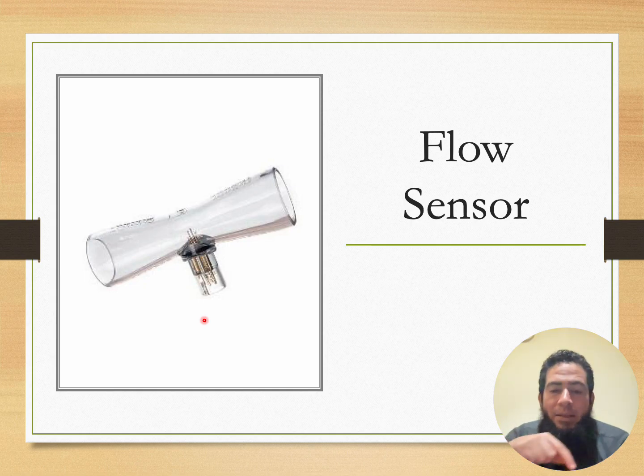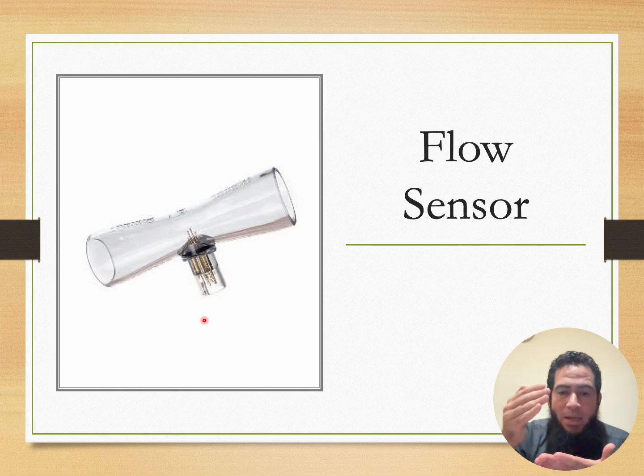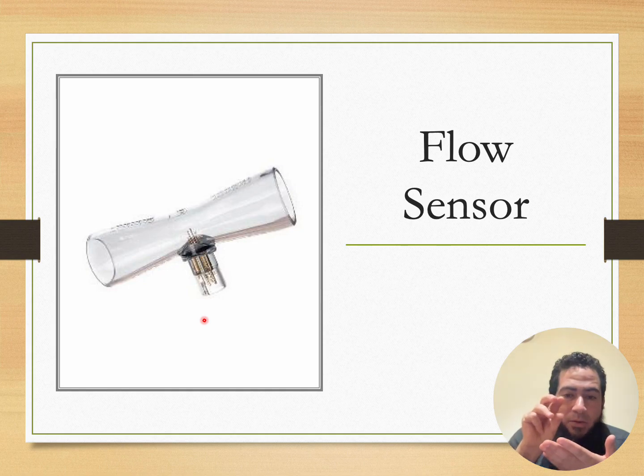So that means there will be a baseline flow after the expiration. So between the end of the expiration and the beginning of the next inspiration, there is a baseline flow running inside the circuit. When the patient starts to suck air, okay, the flow within this circuit will be interrupted.